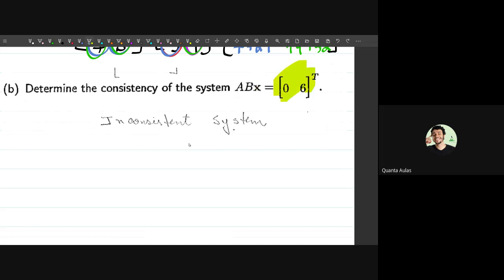In this equation here, we have a line 0 and 6, but we have this letter t, which is transposed. Transposed means you need to change the lines for rows, right? So another way to write this is this one. We change this.